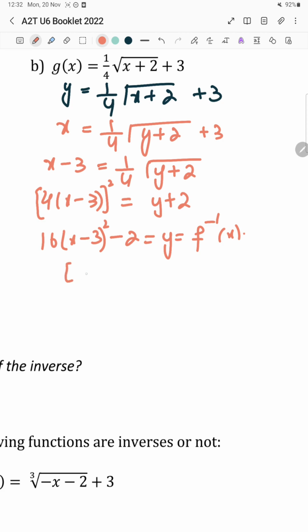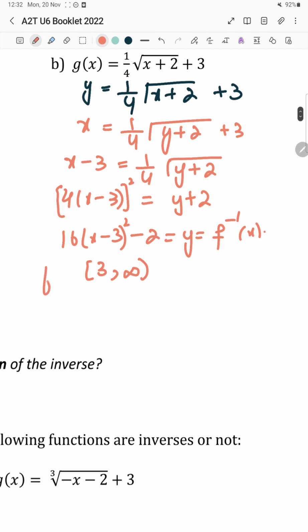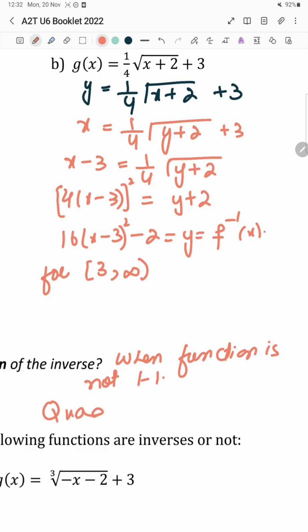So the domain should be restricted to 3 to positive infinity. So we restrict the domain when the function is not one to one, like quadratic or absolute value functions.